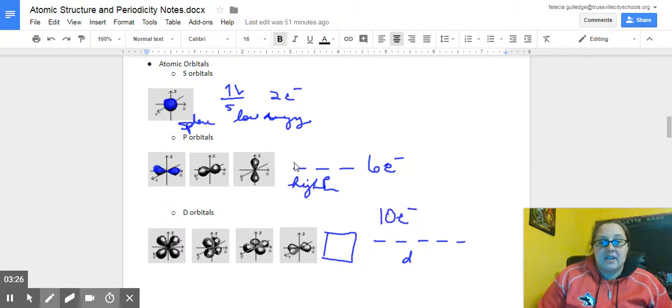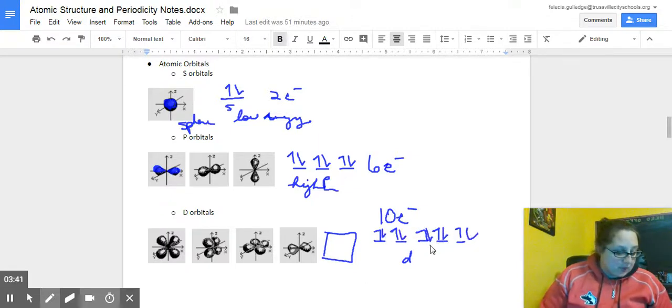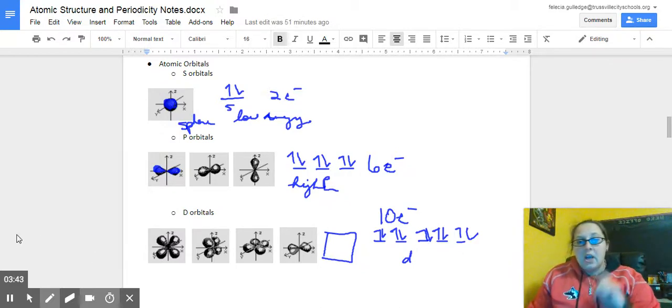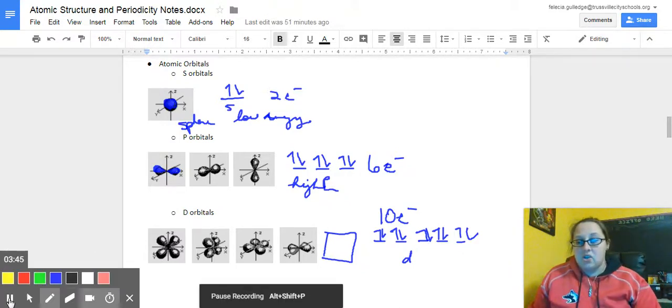Each little space that you see here only holds 2 electrons. So this is what we see when we do orbital notation. If you have no idea what I'm talking about right now, it will make sense when we cover it in just a minute. Okay? So let's go on to the next page.